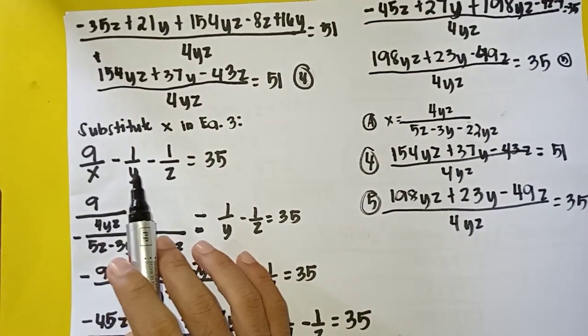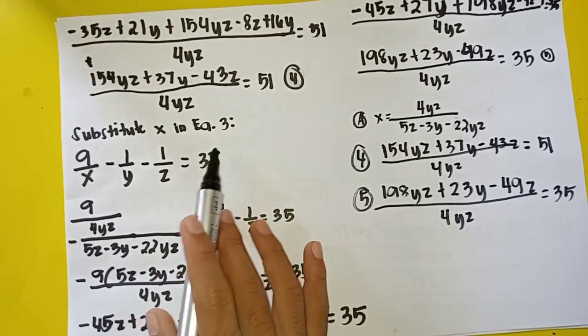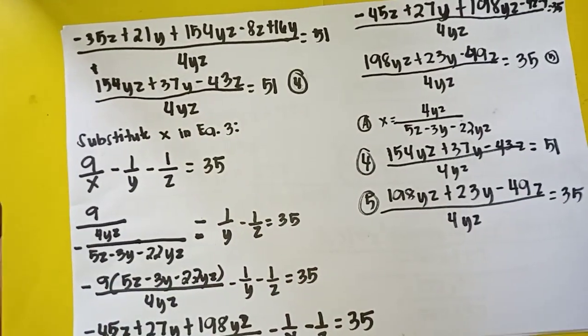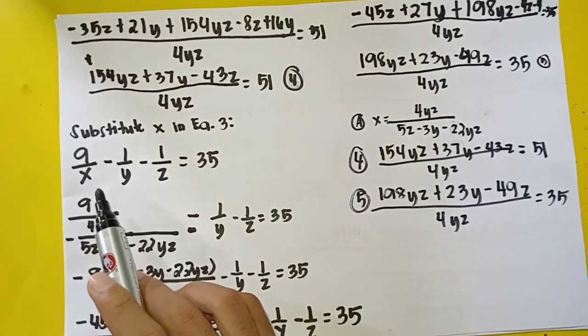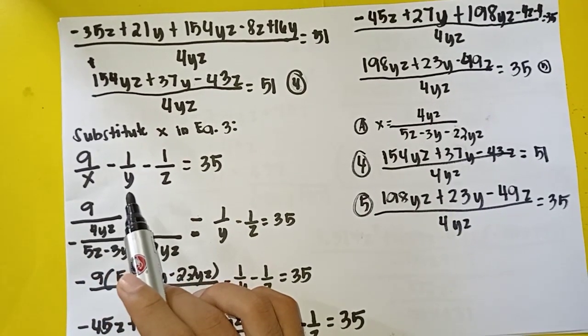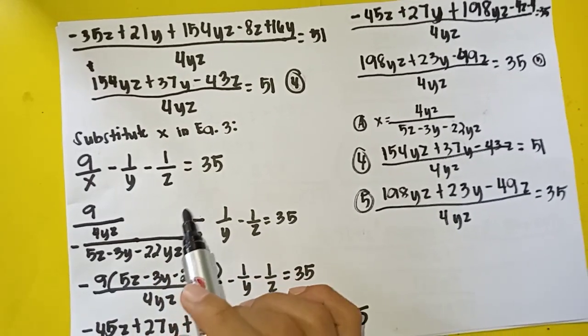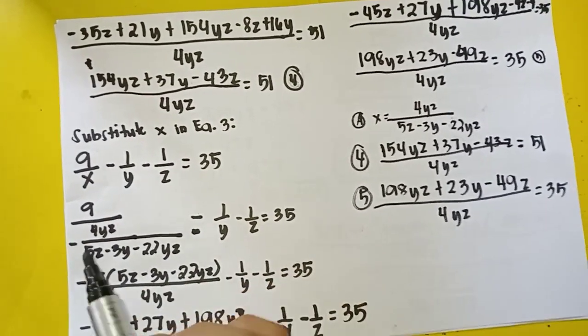So the next step is to substitute x in equation number 3, and our equation number 3 is 9x minus 1 over y minus 1 over z equals 35.